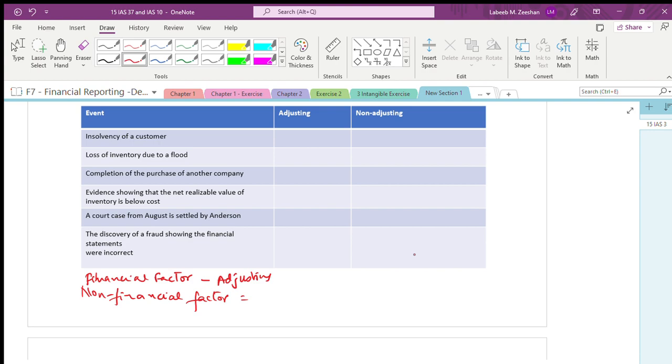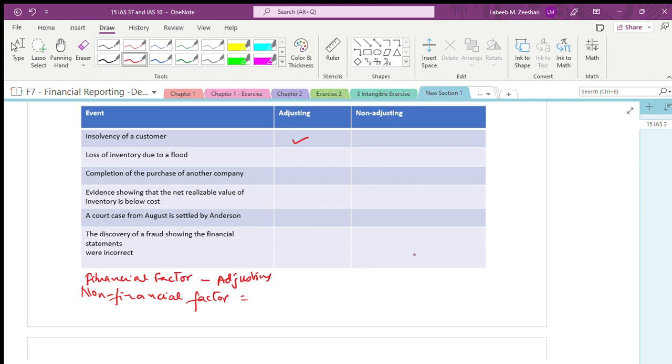It's not straight away. Insolvency of a customer, is it right? Whenever it is a financial item, it is adjusting.